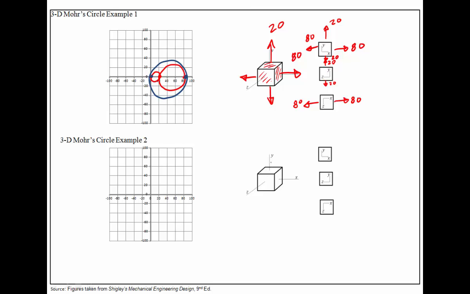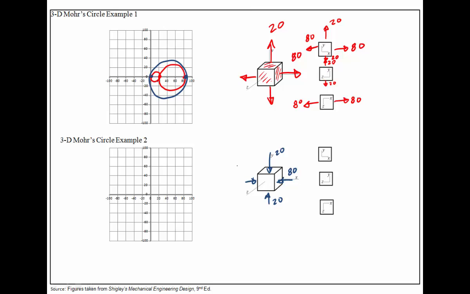And here's a second example, just to make it more clear. If you have compression on the XZ face, and you have compression on the X face, or maybe we could call it the YZ plane face, and on these other faces on the opposite side, say 80 ksi here and 20 ksi here.